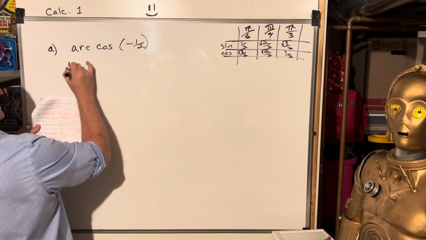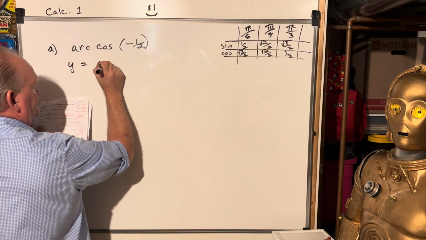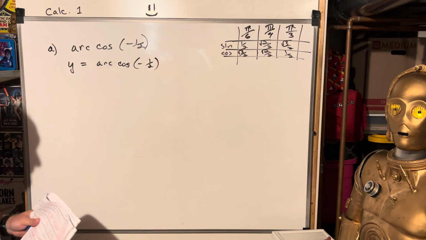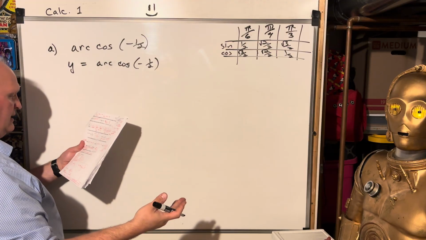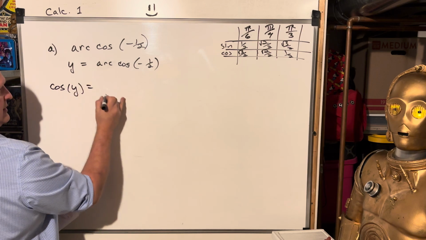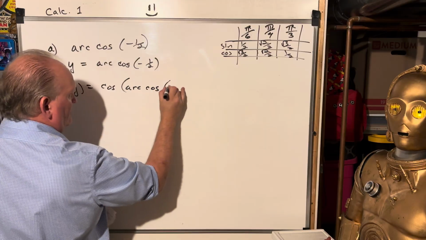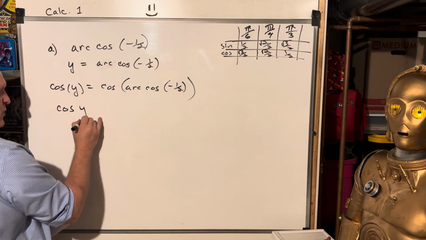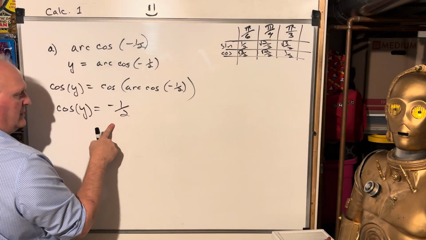If we said y is equal to the arc cosine of negative 1/2, we could take the cosine of both sides, if you want to think of it like that. But at the end of the day, what that means is just the cosine of y is equal to negative 1/2. That's what they're after.